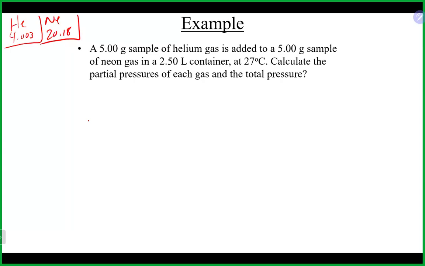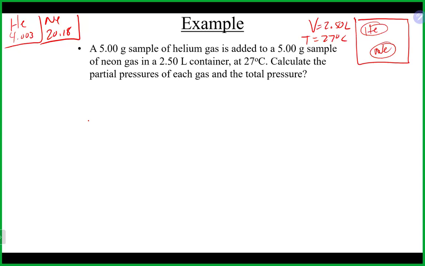So what we have going on in this situation is obviously we have a container here, and we got some helium guys floating around. We got some neon guys floating around. And what we know about this container is the volume is 2.5 liters and the temperature is 27 degrees Celsius.